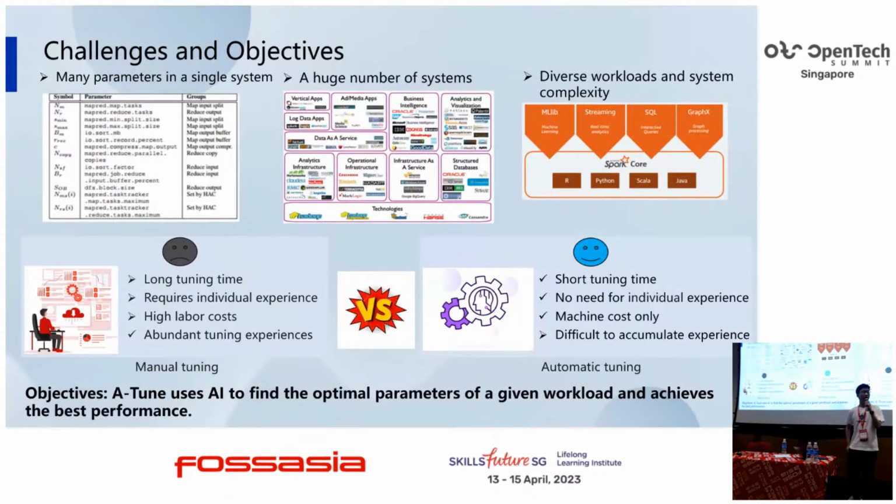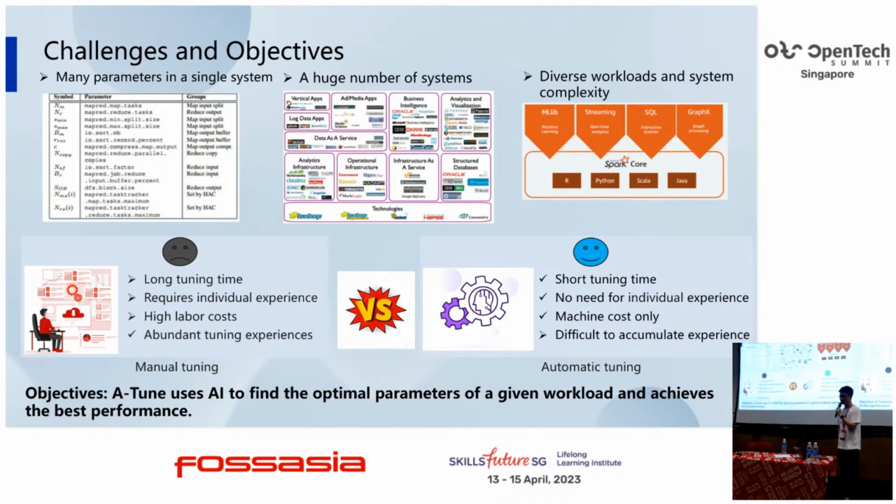However, tuning parameters has several challenges. The first one is that there are many parameters in a single system. For example, in Spark, there are more than 200 parameters. The second one is that there are a huge number of systems. For example, there are so many applications, such as vertical applications, analytics, and visualization systems.